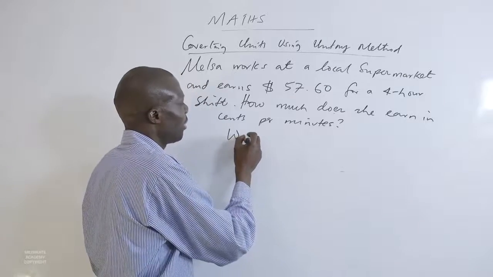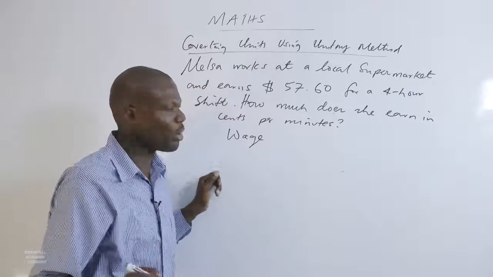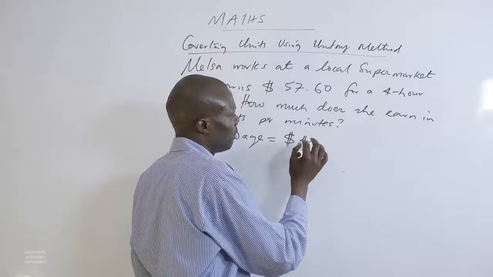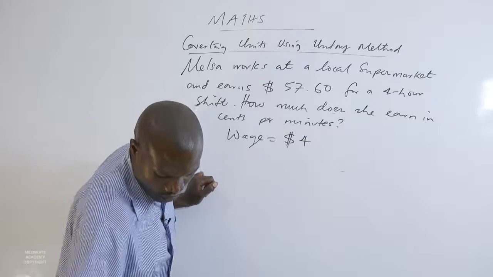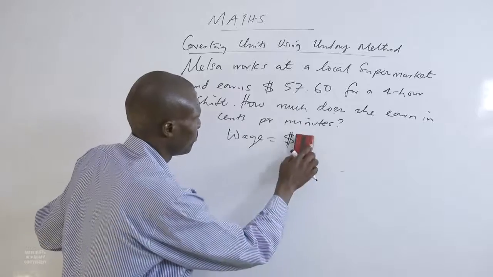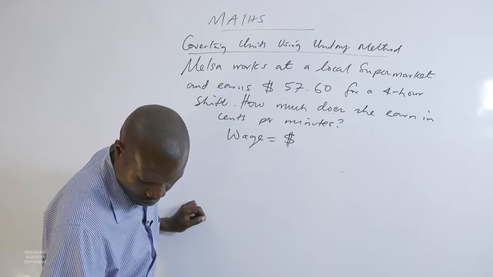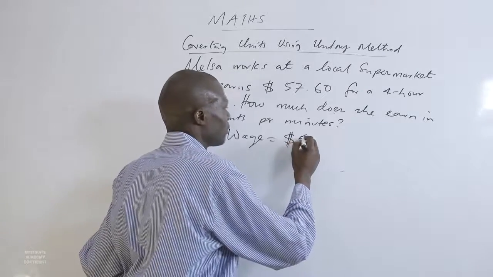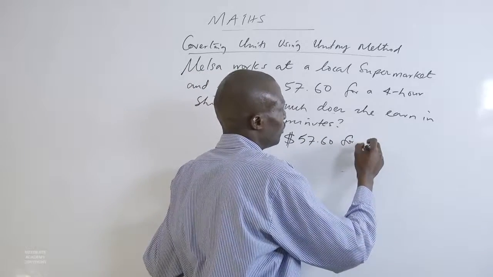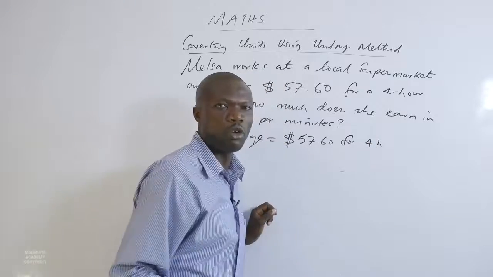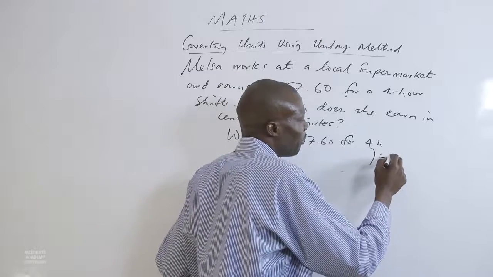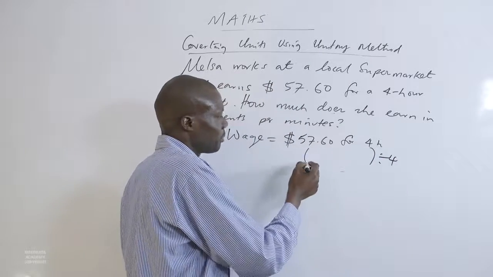So to calculate her wage here, we are looking at a total of $57.6 for 4 hours. So it implies that for 1 hour we shall divide by 4 so that we get per hour.